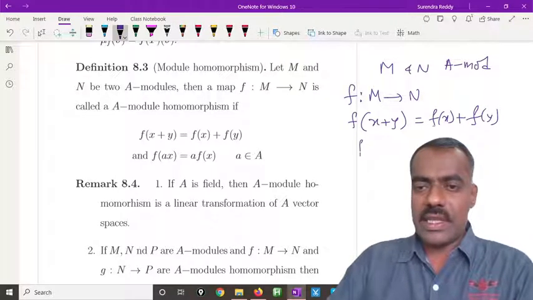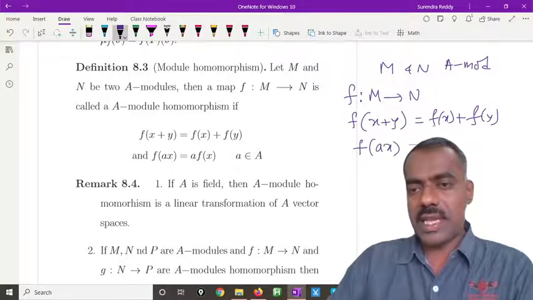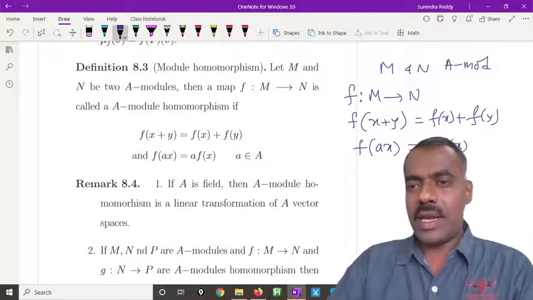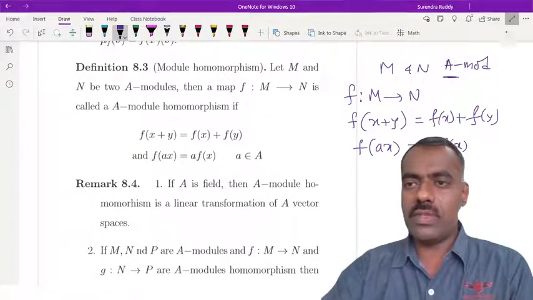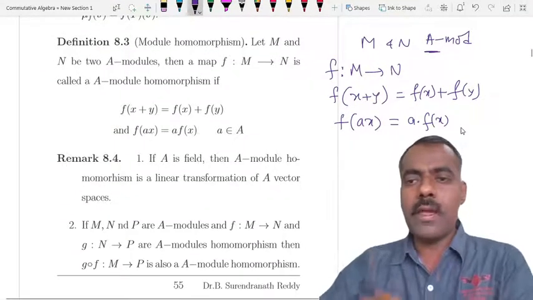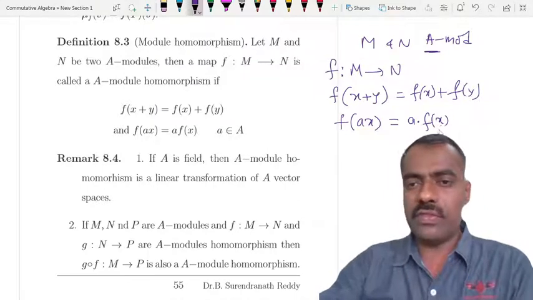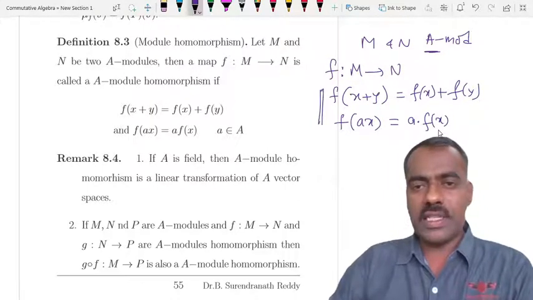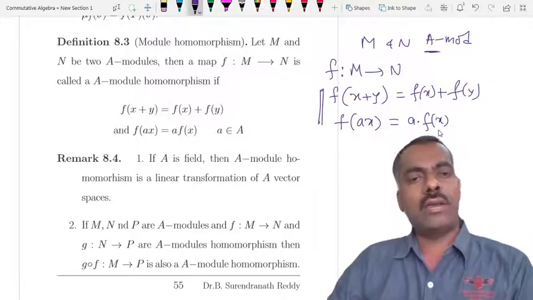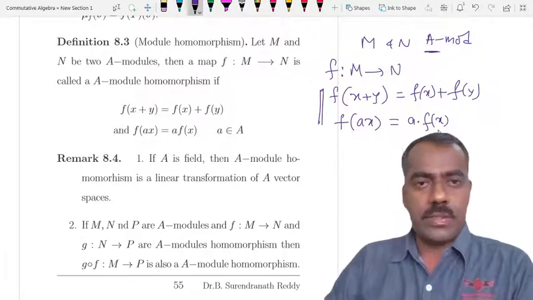And with respect to scalar multiplication, f of a times x should be the same as a times f of x. If these two properties are satisfied, then such a map is called a module homomorphism.